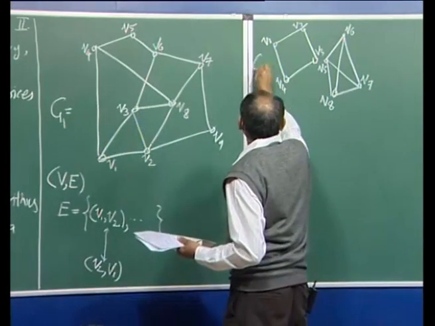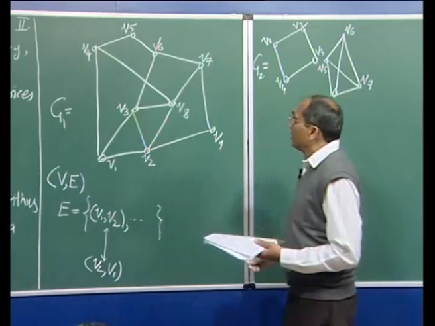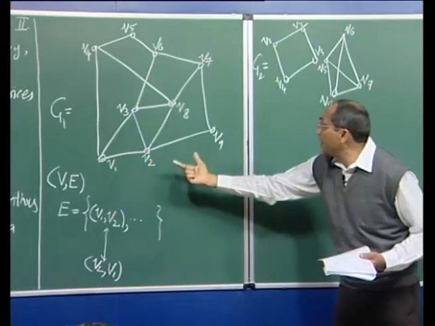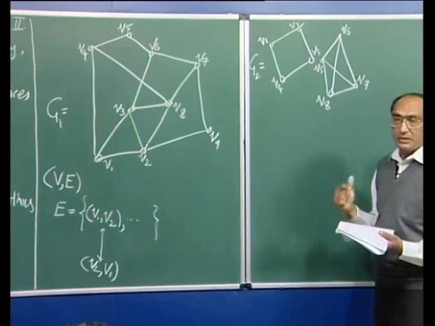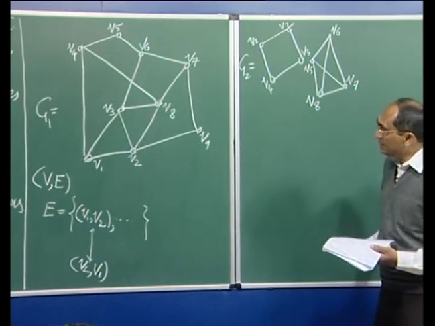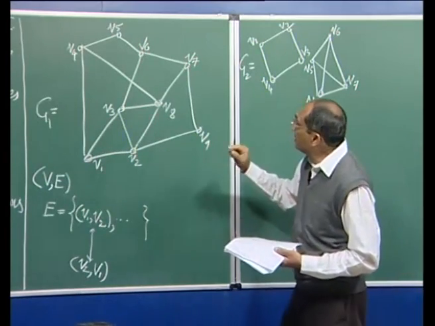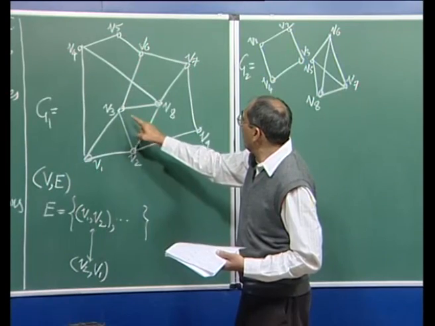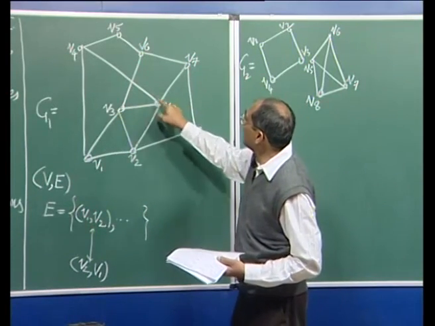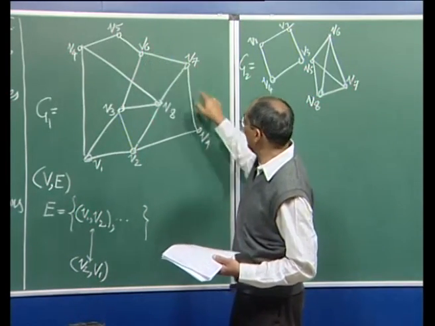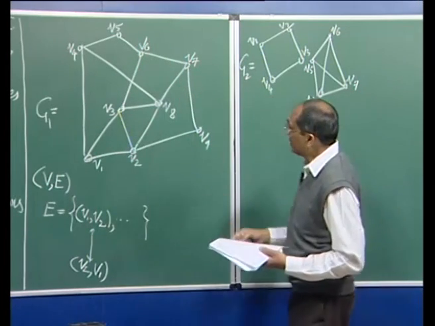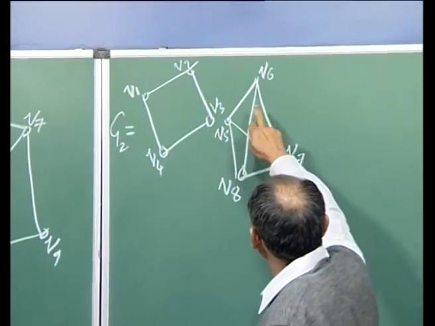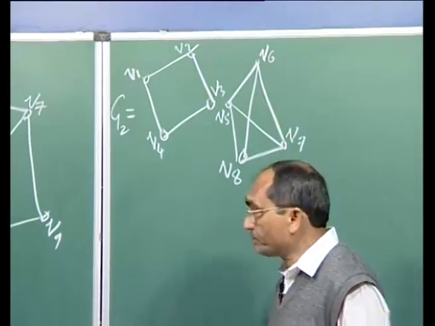This is another graph, G2. G1 is on 9 vertices and G2 is on 8 vertices. The number of edges in G1 is 1, 2, 3, 4, 5, 6, 7, 8, 9, 10, 11, 12, 13. I think there are 13 edges in this. In G2, there are 10 edges.